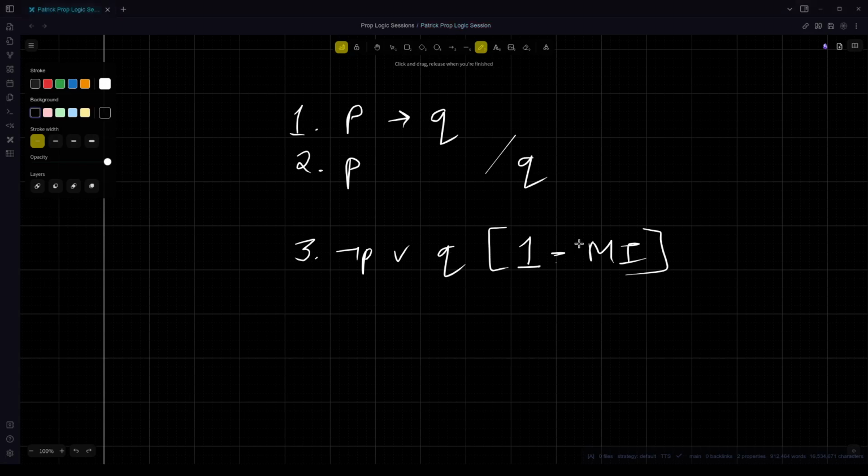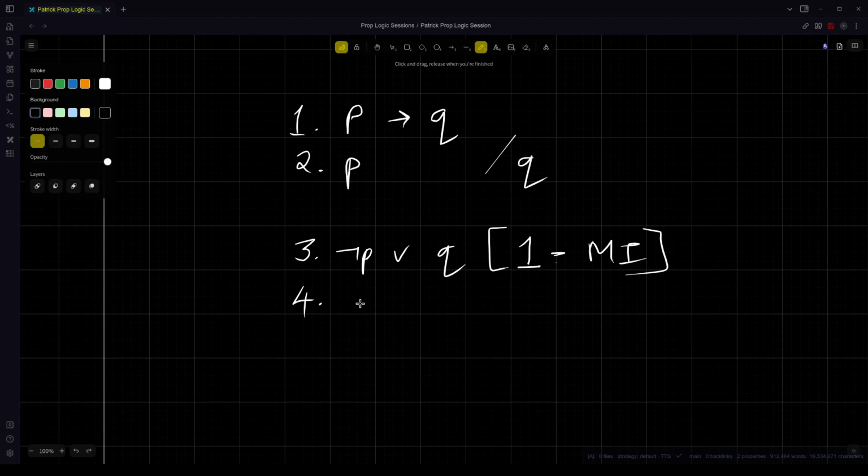Okay, so now what do I do? Do I use the rules of inference? Yes, you can do that. So from there it would be a disjunctive syllogism, right? So what's the conclusion?